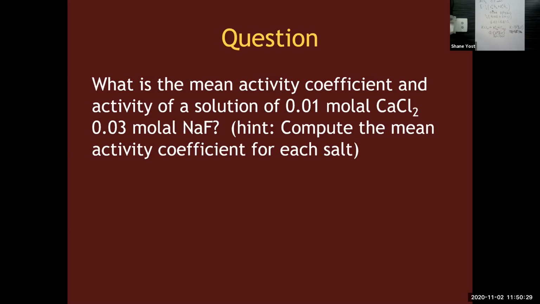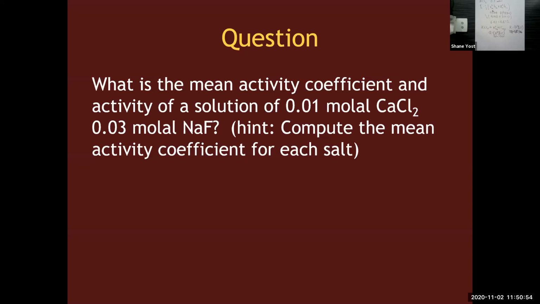To get the activities, we have to calculate the activity coefficients. For ions, we use the mean activity coefficient, the average activity coefficient for the cation and anion. This is related to the charges, the concentrations, and the ionic strength of the solution.